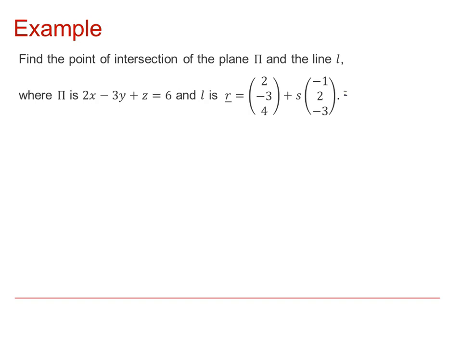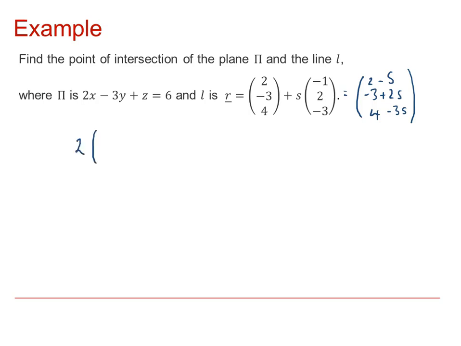Well, we've already said that r could be written as (2 minus s, minus 3 plus 2s, 4 minus 3s), and those are the values of x, y and z for the line. So substituting those into our expression for the plane pi, we get the following.